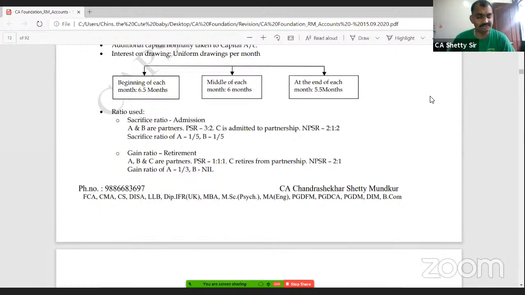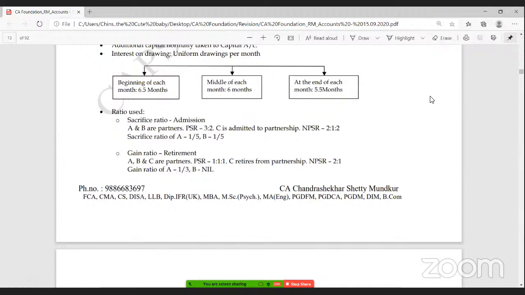must be debited, because they are going to gain something without any logic. Gaining must be debited, irrespective of admission or retirement. Because we saw gain in admission, and sacrifice in retirement. Irrespective of admission or retirement.